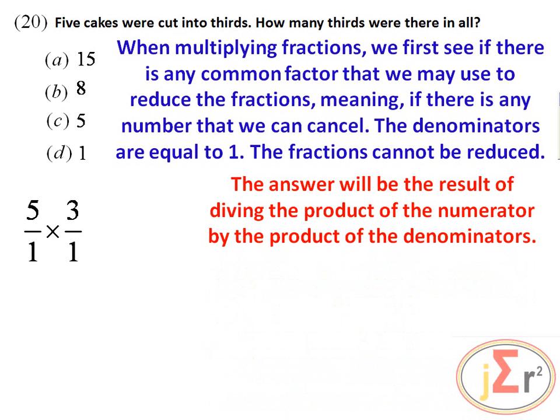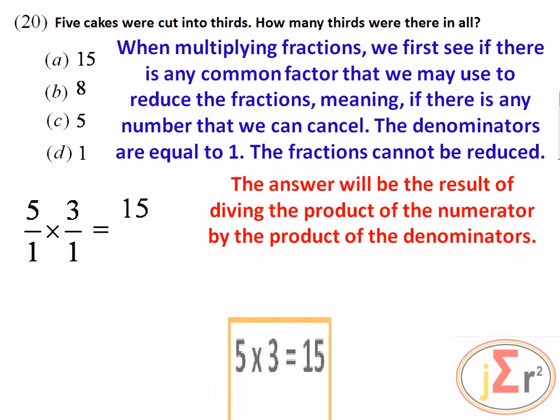So we will multiply the numerators. What we get, we divide by what we get when we multiply the denominators. So multiply the numerators, what do we get? 15. Multiply the denominators, what do we get? 1. Okay. So 3 5s, 15.